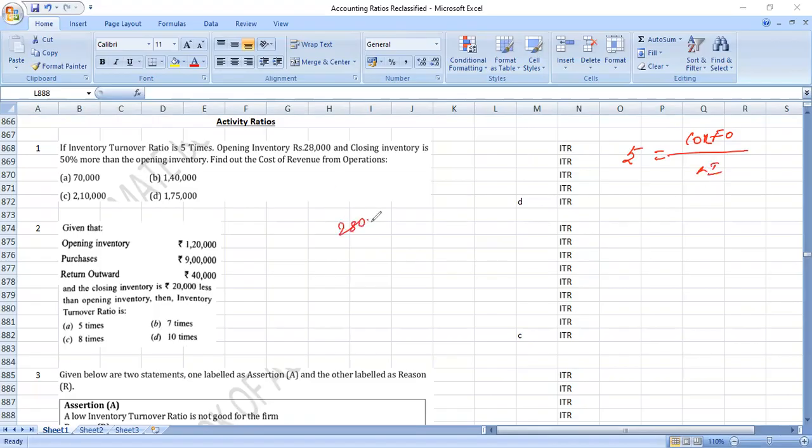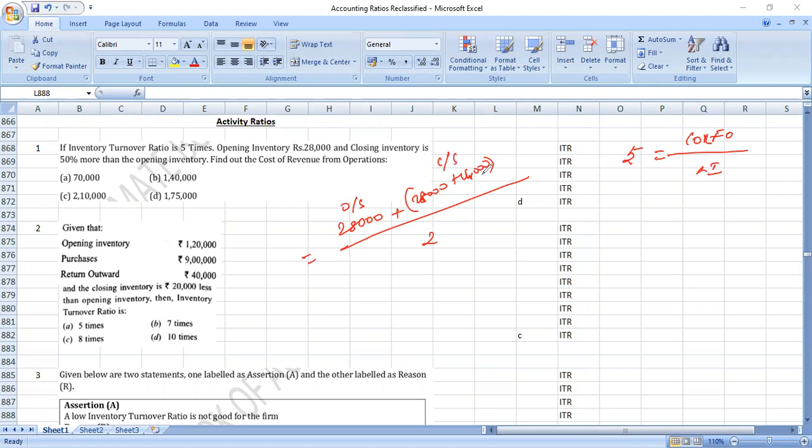Opening inventory is 28,000 plus closing inventory, which is 50% more than opening inventory, so it is 28,000 plus 14,000, divided by 2. That will be your average inventory. This is opening stock, this is closing stock.